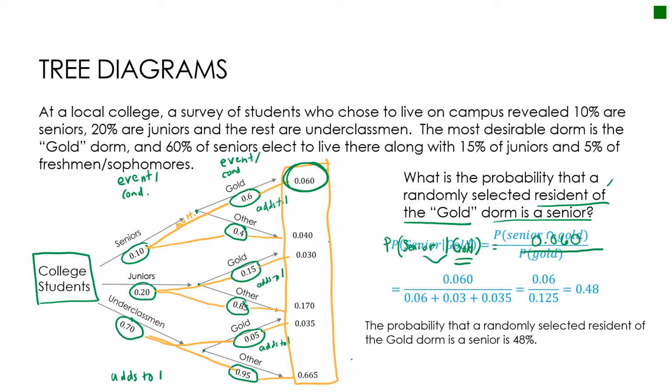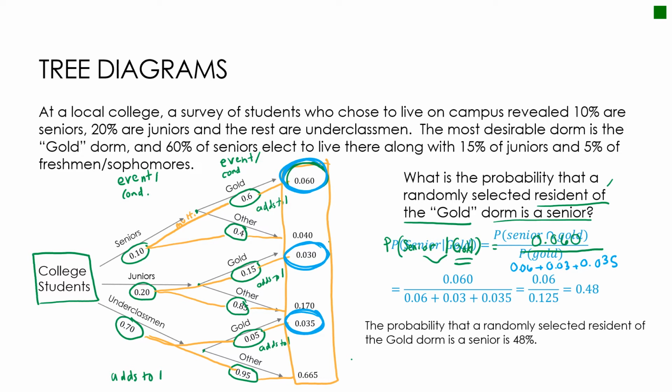Keep in mind that these are people in the Gold Dorm who happen to be seniors, these are people in the Gold Dorm who happen to be juniors, and these are people in the Gold Dorm who happen to be underclassmen, which means my denominator is 0.06 plus 0.03 plus 0.035.